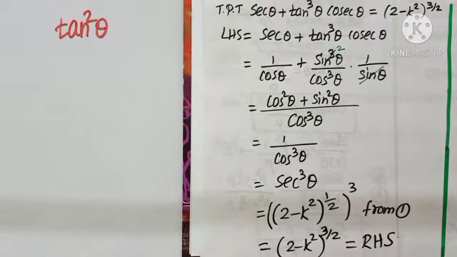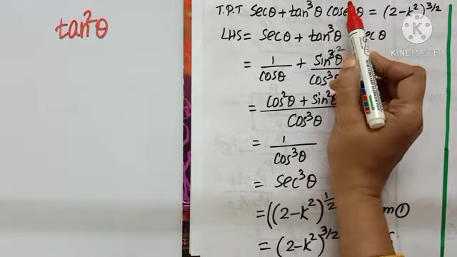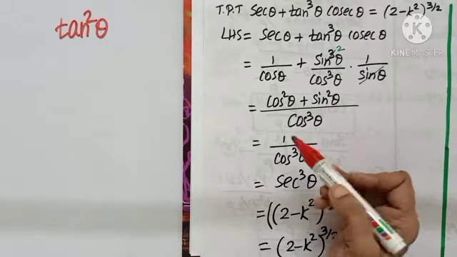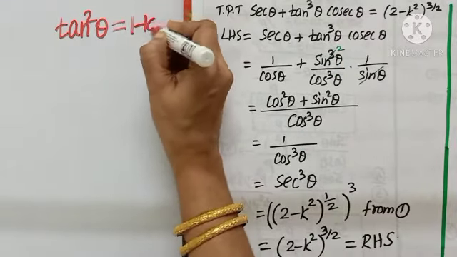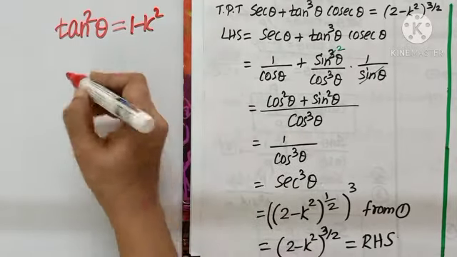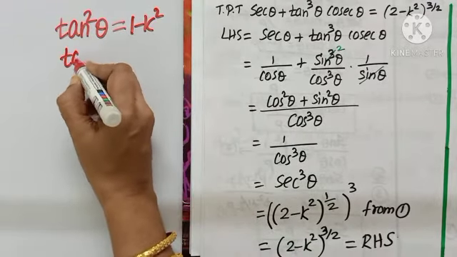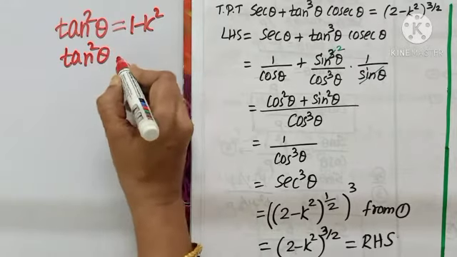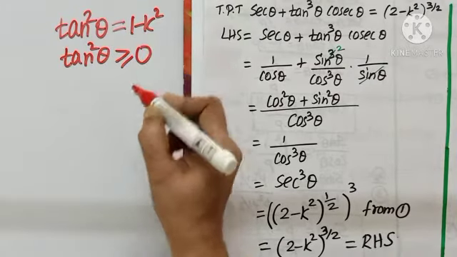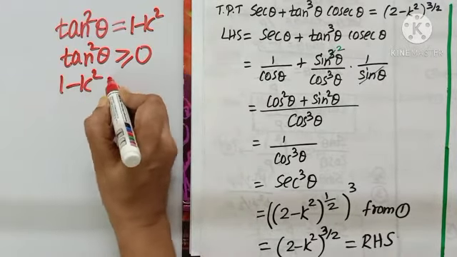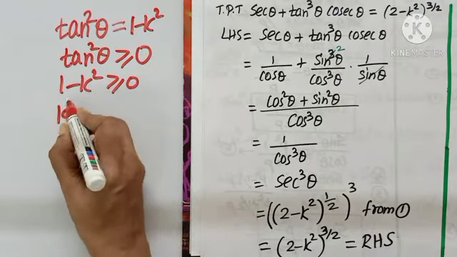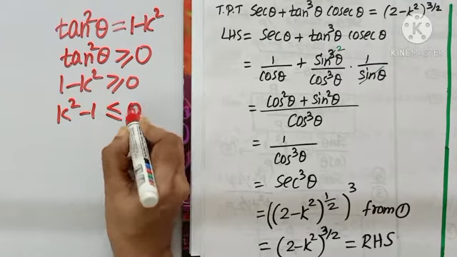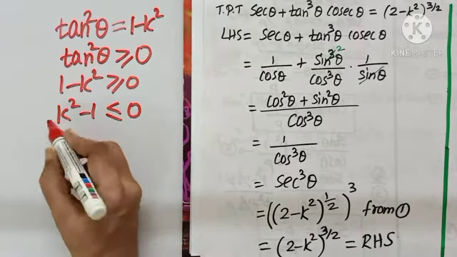To find values of k for which the result holds. Given tan square theta is 1 minus k square. Tan square theta, being a squared quantity, is always positive. So 1 minus k square is greater than or equal to 0, or interchanging, k square minus 1 less than or equal to 0.